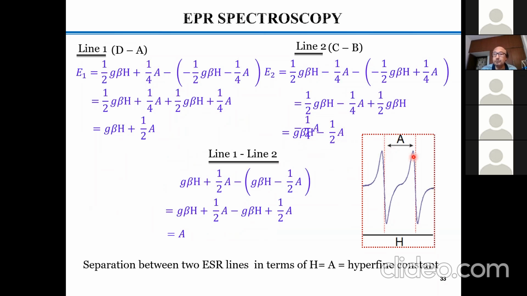This is line 2. The line 1 minus line 2, what is happening? This is g beta H plus half A, minus line 2, g beta H minus half A, that means plus.